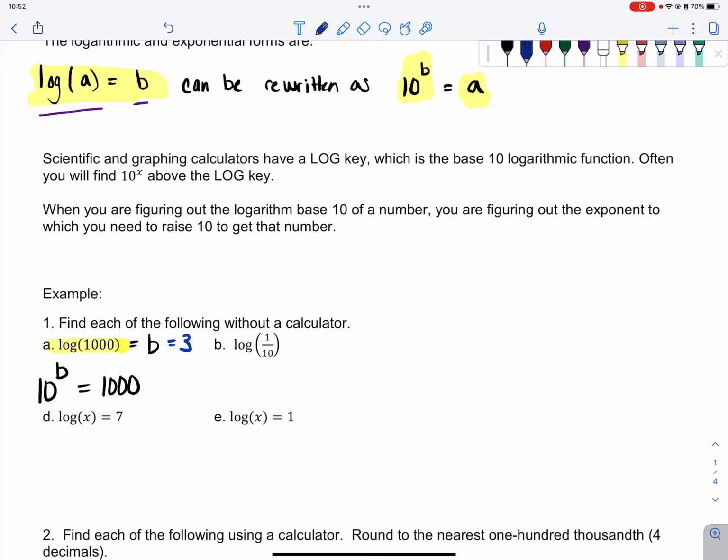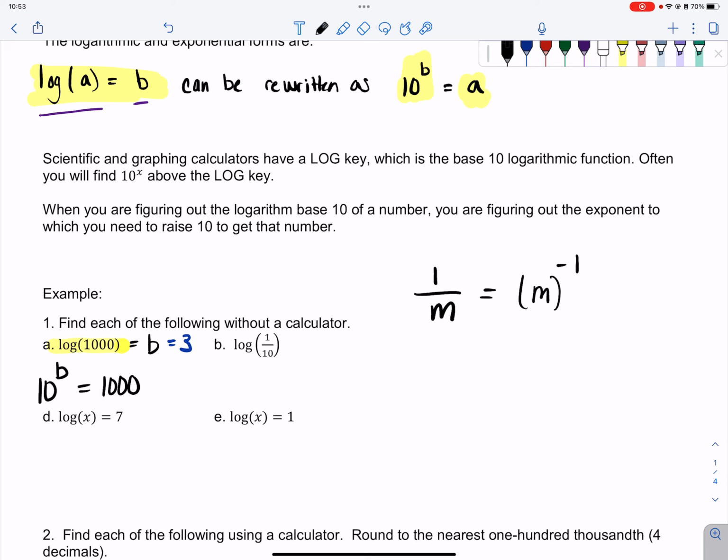The next one, I have log of 1 over 10. With this one, it's helpful to think about some exponent properties that we haven't actually talked about in this class. If I have 1 over m, this is the same thing as the denominator m raised to the negative 1 power. So whenever we have 1 over something, we can bring it up to the numerator, get rid of the fraction, if we make the exponent negative.